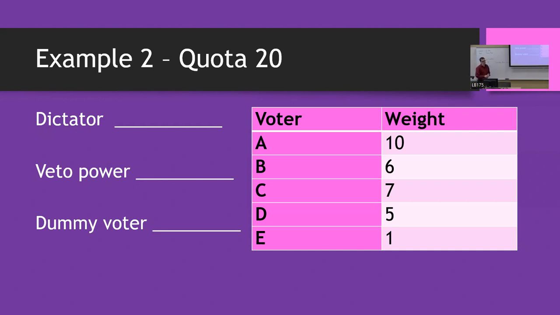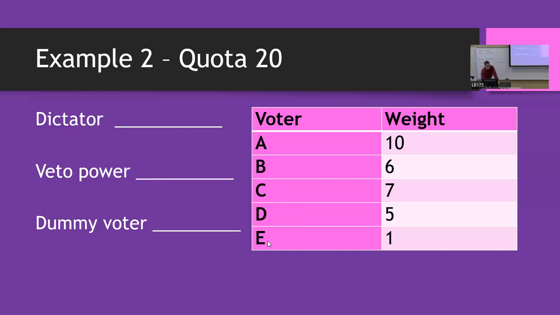If you looked at getting up to 20, you have to take A and then 2 out of the 3 of B, C, or D. That makes sense? So you have to get 2 of these individuals, B, C, D, along with A, to get a winning vote.